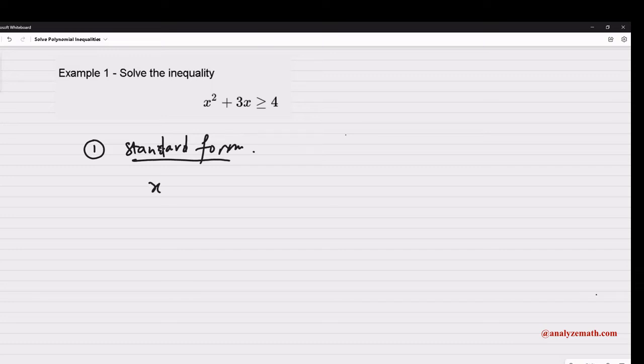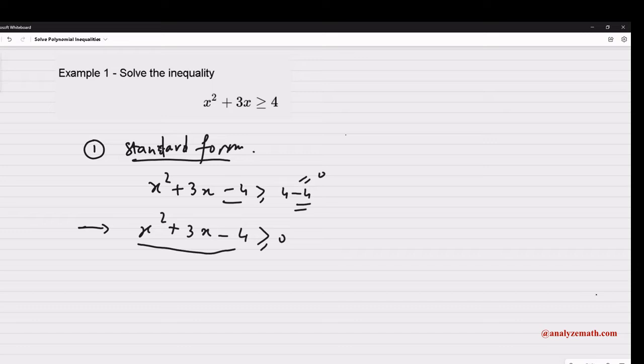Now this can be written as x² + 3x − 4 on this side and 4 − 4 on this side. We are subtracting the 4, so that gives me my 0. x² + 3x − 4 ≥ 0. So we are going to analyze whether this expression on the left is greater than or equal to 0.